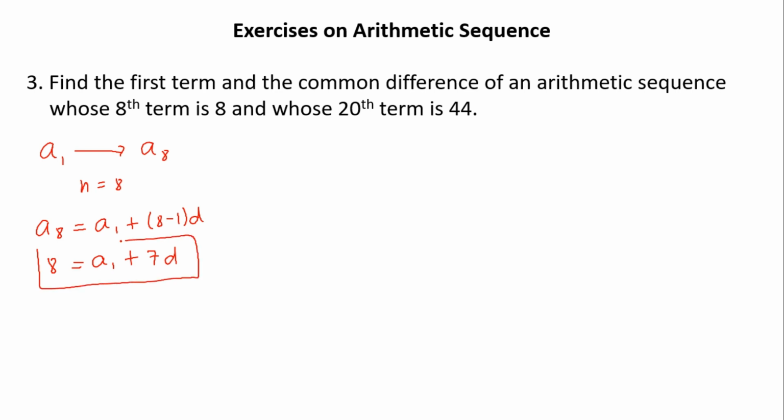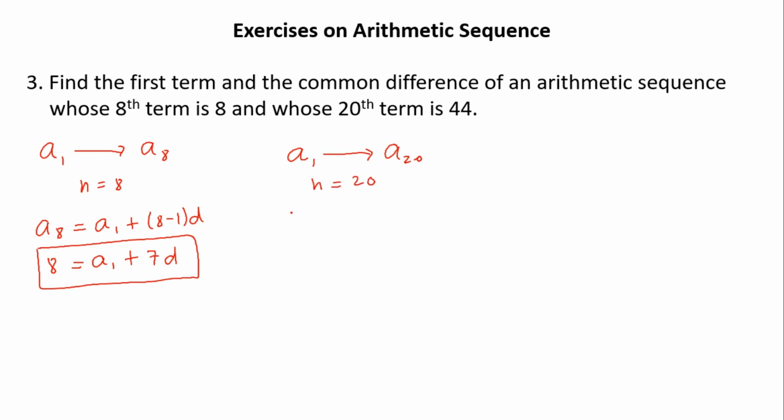Now we have a linear equation in two variables. So if we have another one, we can easily solve for a sub 1 and d. So let us relate also the 20th term to the first term, a sub 1. Similarly, from a sub 1 to a sub 20, there are 20 terms.